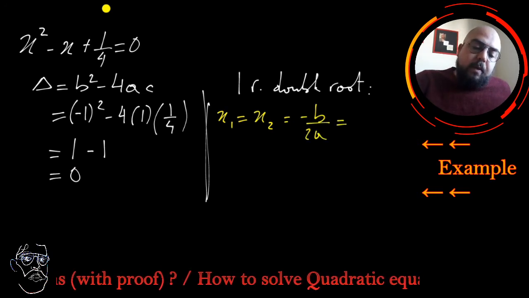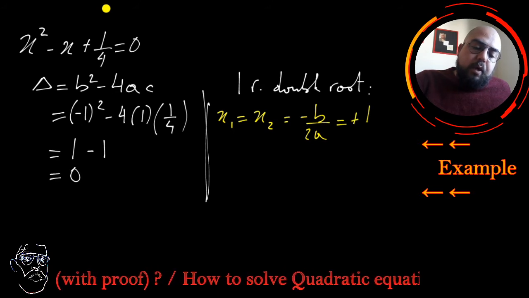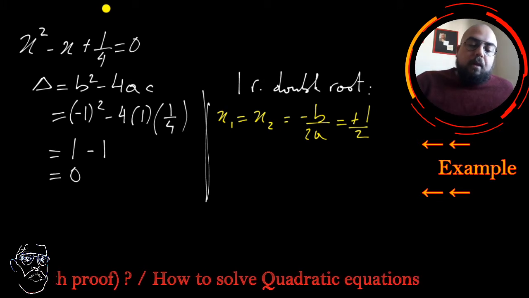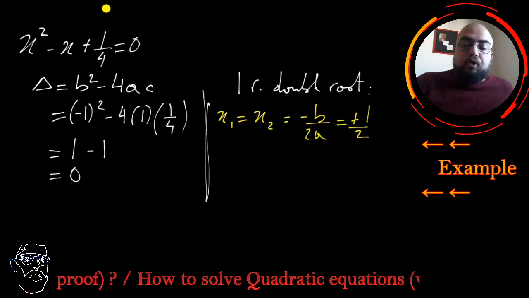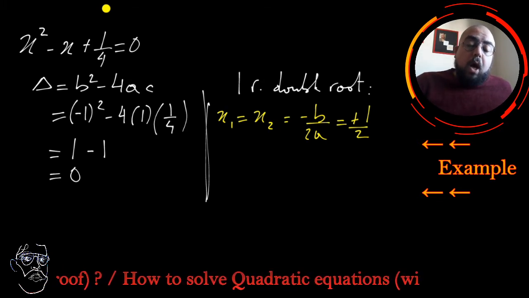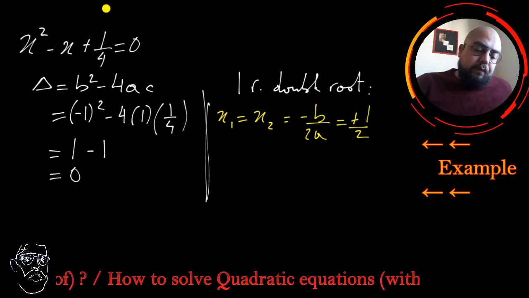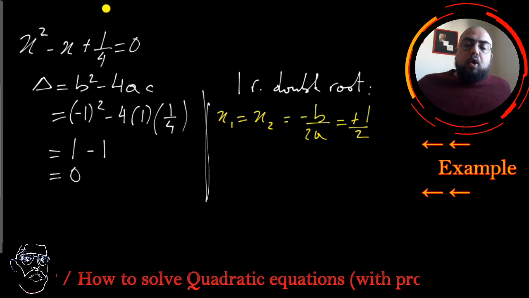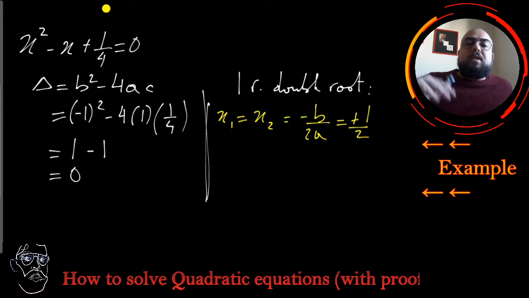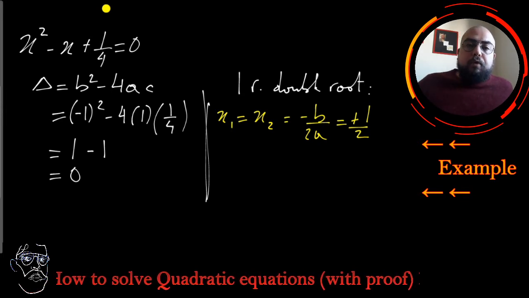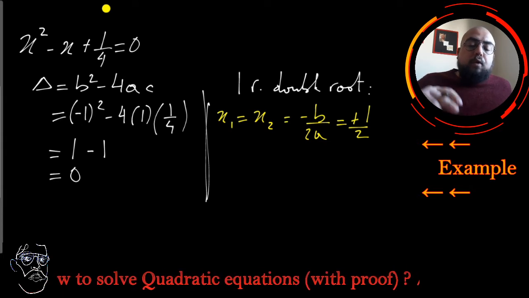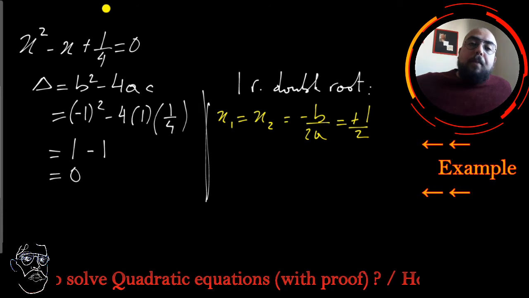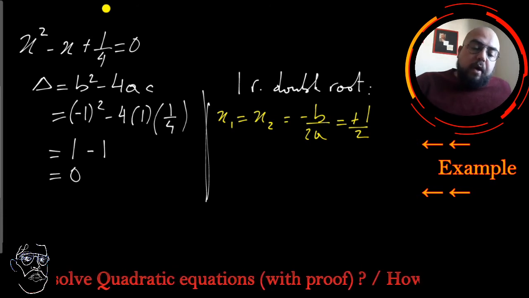It's equal to (−(−1))/(2 × 1), so your root is actually 1/2. How do I find the factorized form? Very simple. Since x = 1/2 is a root, it means that x − 1/2 is a factor. And in this case, it's going to be (x − 1/2)², because you have a double root.